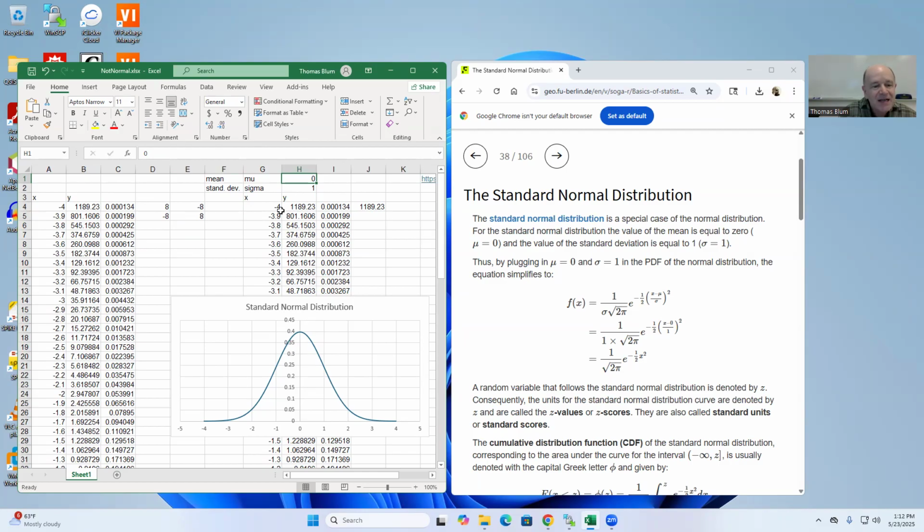And the answer is no. So here is this big set of parentheses, this x minus mu divided by sigma squared. But you can see by the red parentheses here that the squaring is not inside the parentheses. It's inside the exponential, the black, but not inside the red. So if I put the squaring inside parentheses, it gets it right.